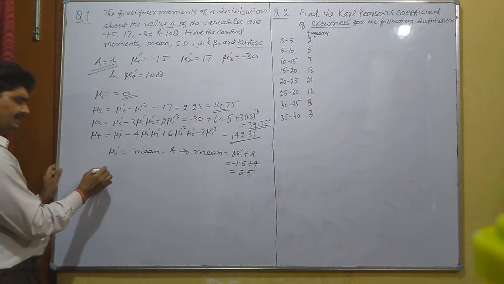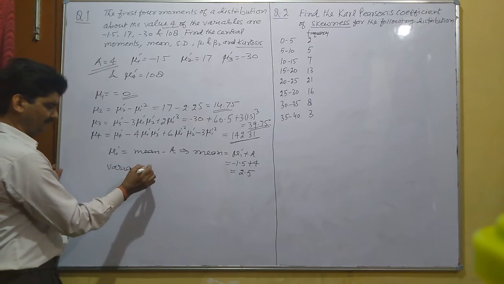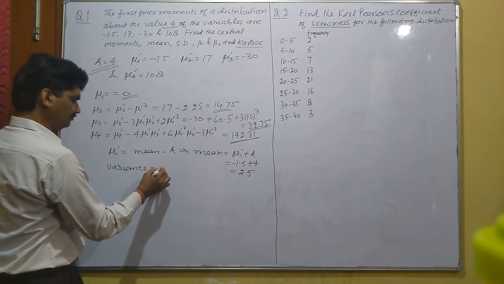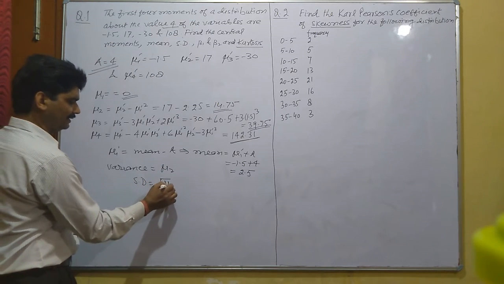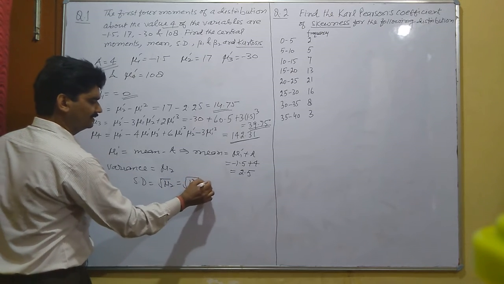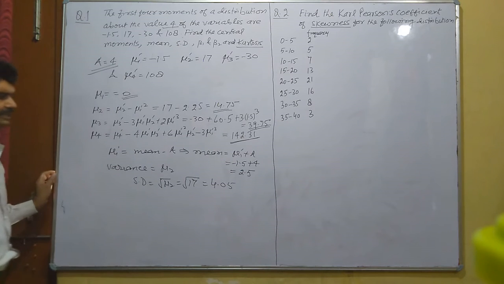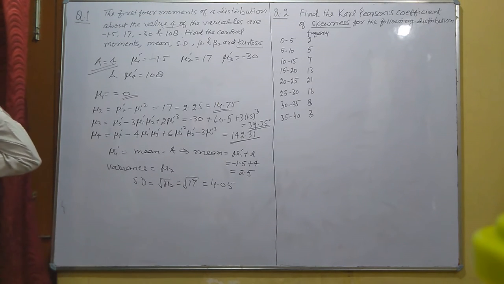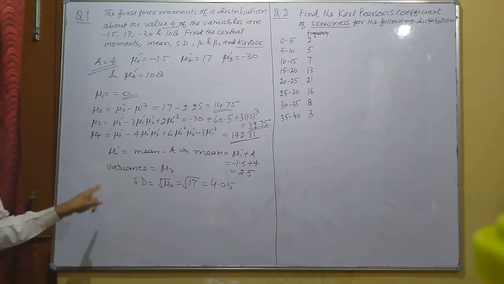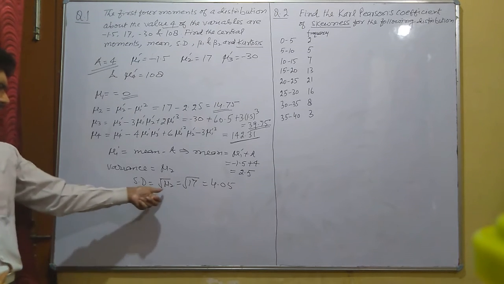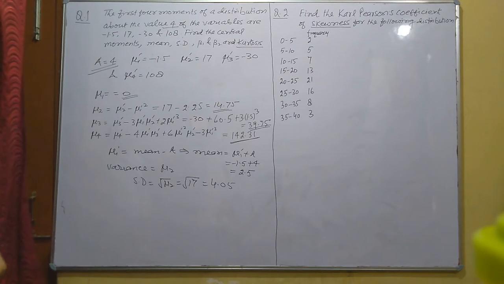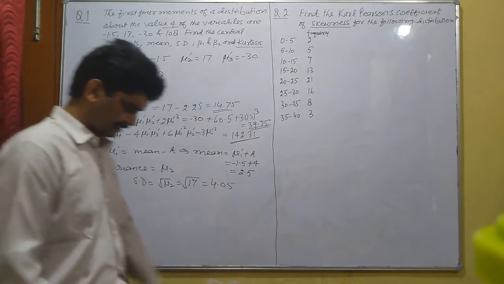Since the second central moment is equal to variance, and variance equals standard deviation square, the standard deviation is the square root of mu2, which comes to the square root of 14.75, that is 3.84 approximately. This is the standard deviation.